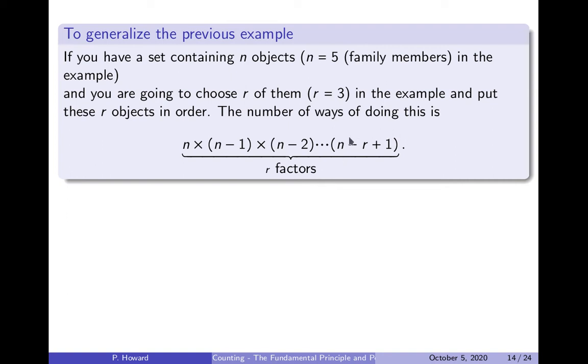It turns out that the last factor will be n minus R plus 1, but that isn't too important. The way of thinking of it is you're starting with n, multiplying by n minus 1, and continuing until you have multiplied R things. So in the case where n was 5, we began with 5, we multiplied by 4, and we kept going until we had multiplied 3 things.